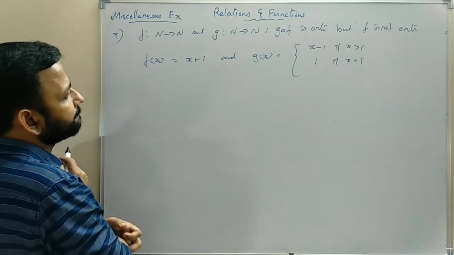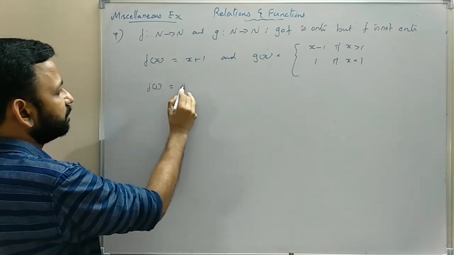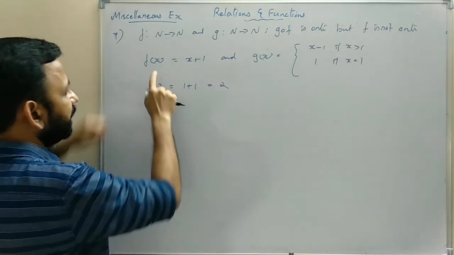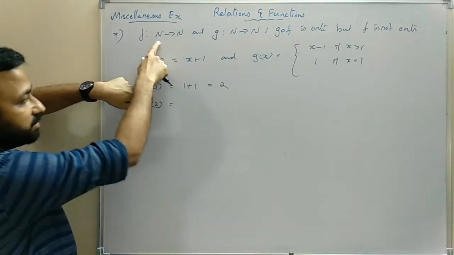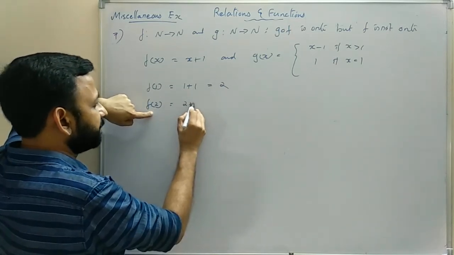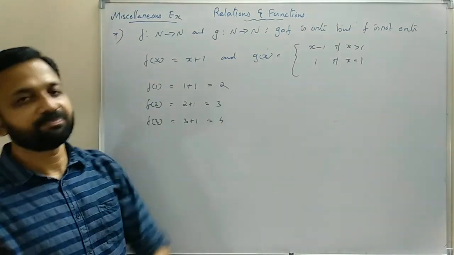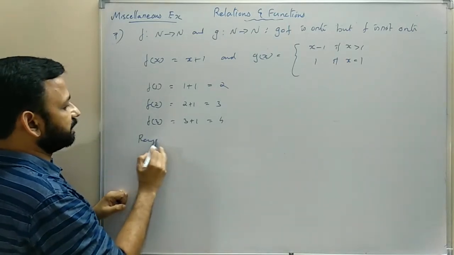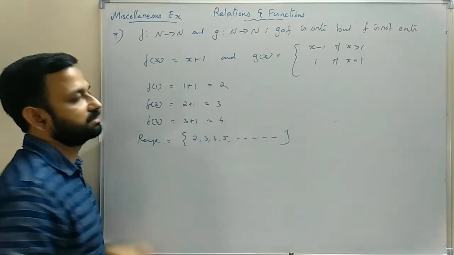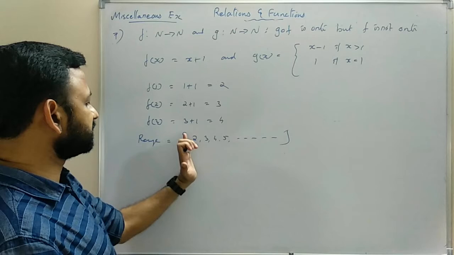So here f of 1 is equal to 1 plus 1, that is 2, since f of x is equal to x plus 1. f of 2 is equal to 2 plus 1, that is 3. f of 3 is equal to 3 plus 1, that is 4, etc. So the range, the set of images, is equal to 2, 3, 4, 5, 6, etc., the set of natural numbers except 1.